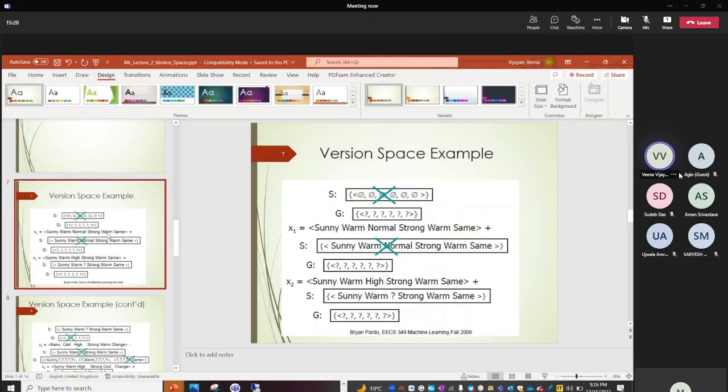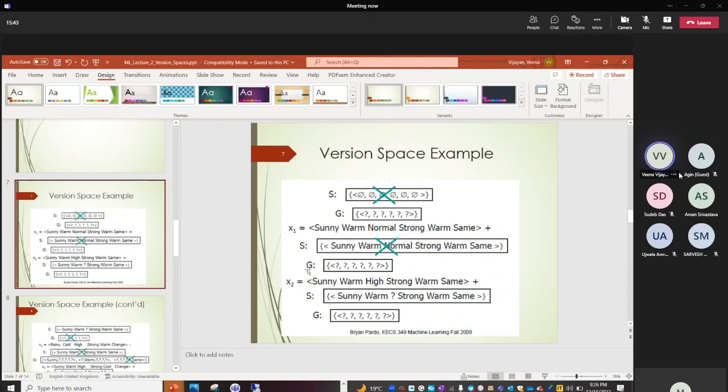Let me see, I can explain with this or not. So what we are doing is we have this specific case, right? The most specific case with all null and the most generic case with all these question marks. Then we will take each instance, and each instance we will validate against the generic and specific cases.